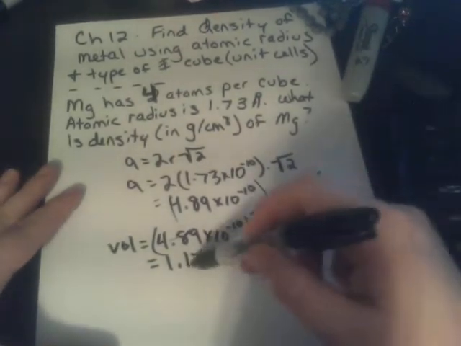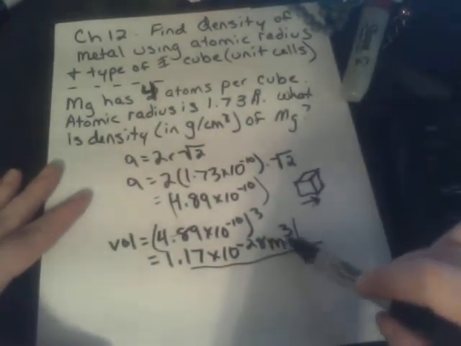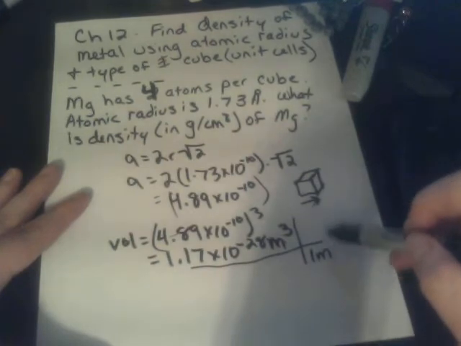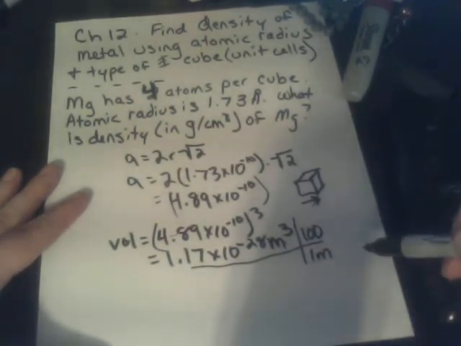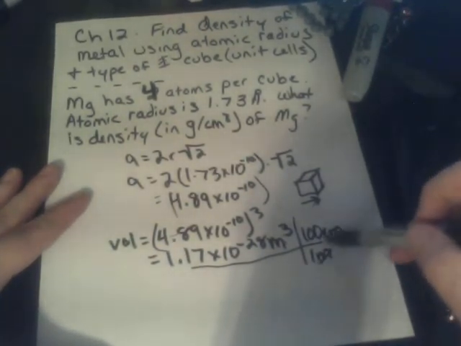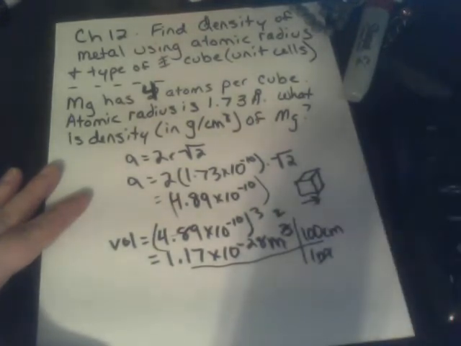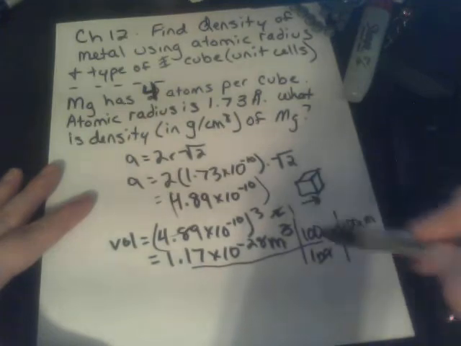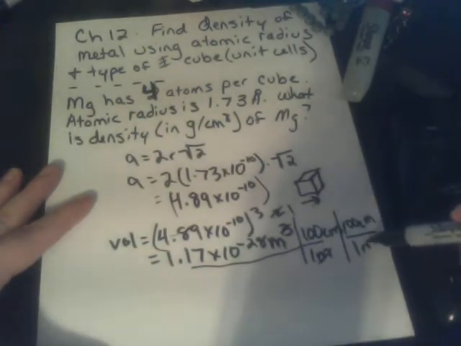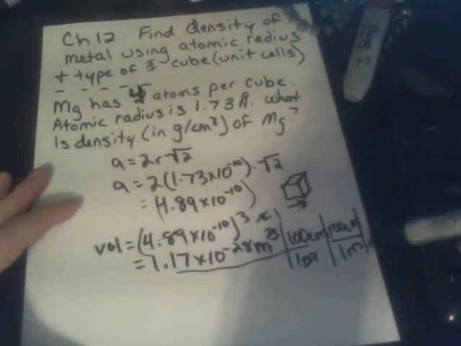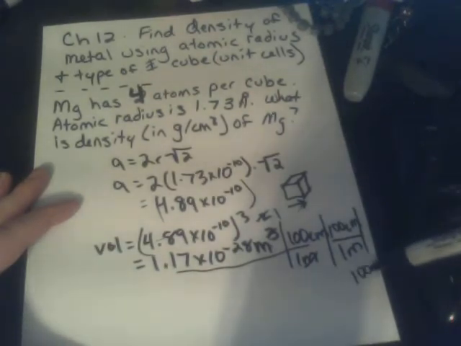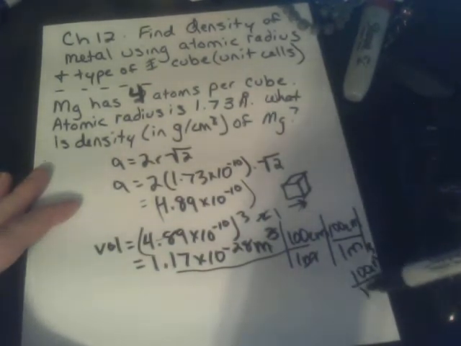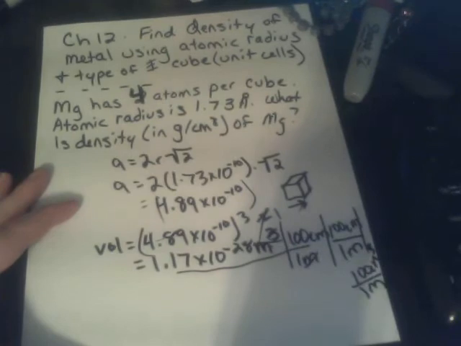Well, 1 meter has 100 centimeters. That takes care of one of these meters. I need to do it again, and that takes care of one more, and then one more time because it's in the 3rd dimension. So all the meters are taken care of.